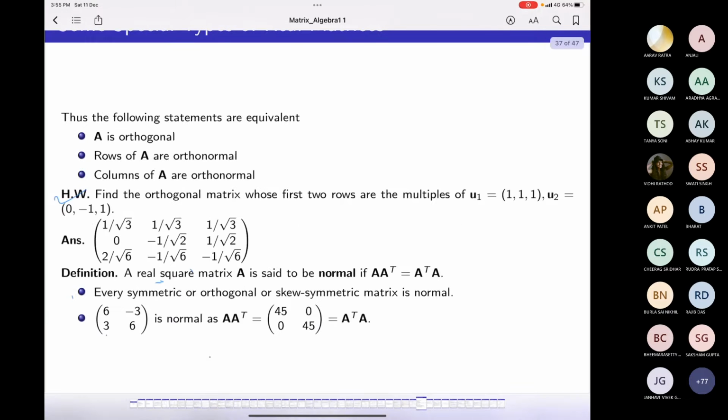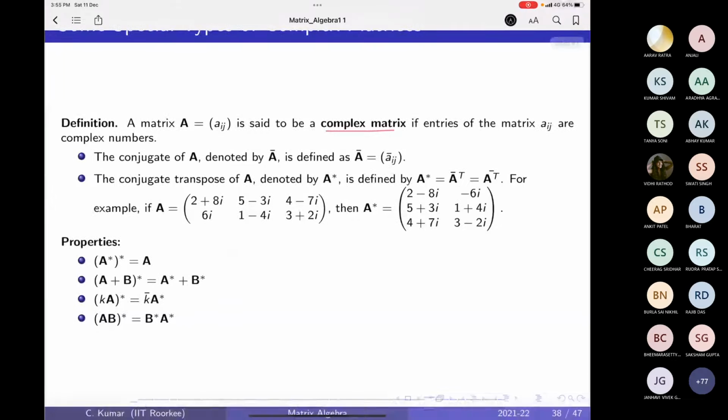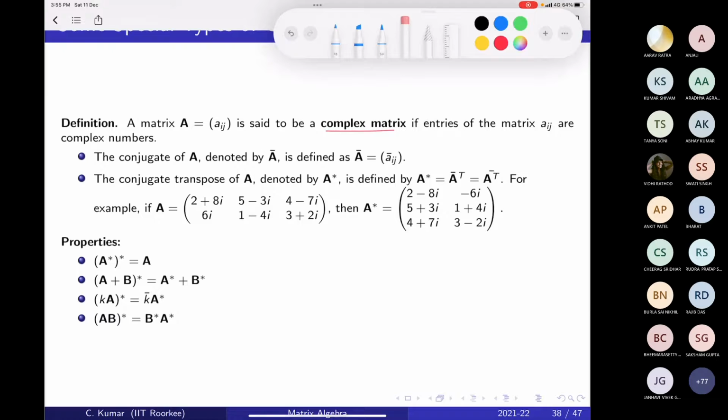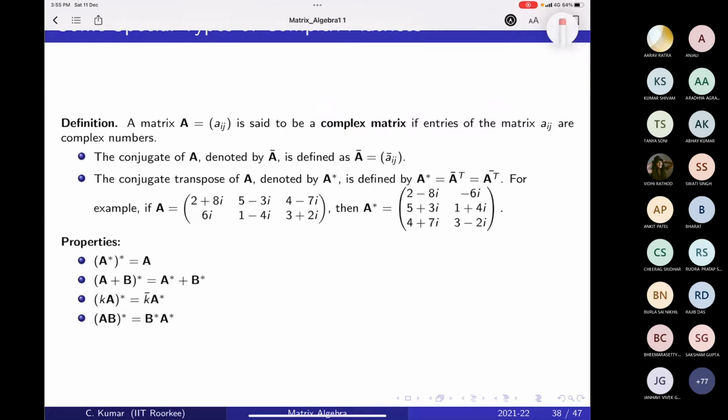Now, up to now, all the matrices we have discussed were real matrices. When I say real matrices, this means that the elements of these matrices are real numbers.